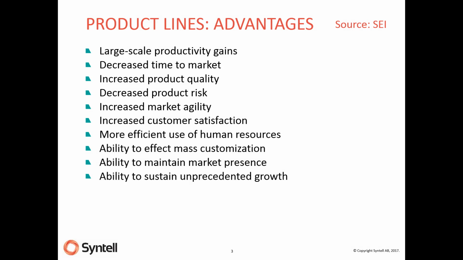The product line approach promises some really interesting benefits. By means of reuse, some really large-scale productivity gains can be achieved. According to the Software Engineering Institute, productivity can rise up to 10 times.